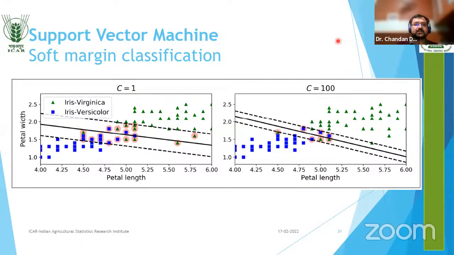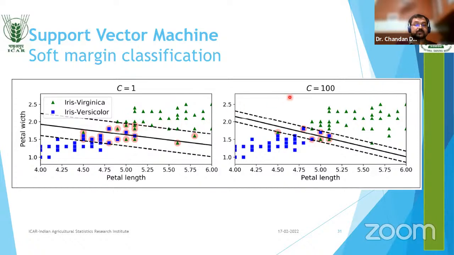Here the hyperparameter C has been described. This is one of the important hyperparameters in support vector machine. It is also incorporated in the machine learning package sklearn.